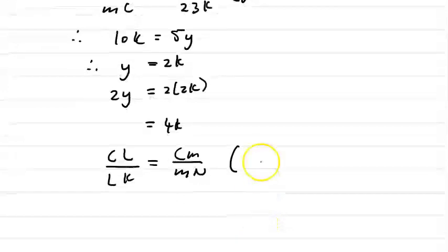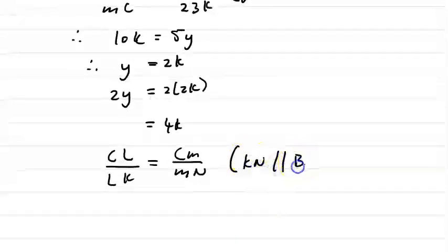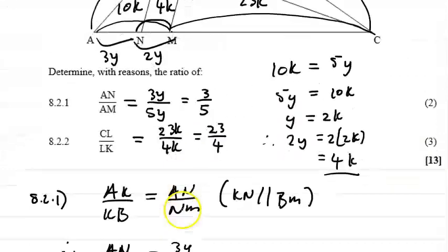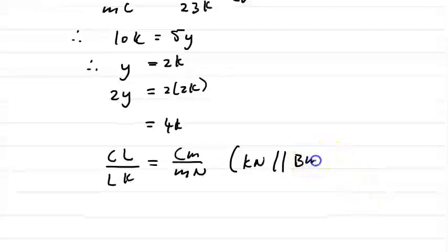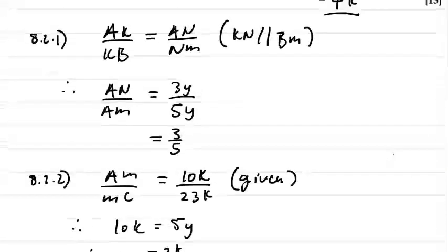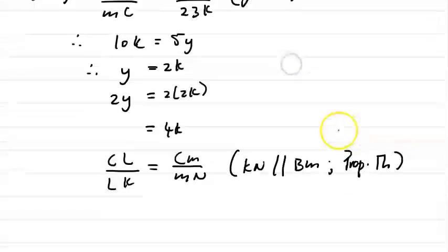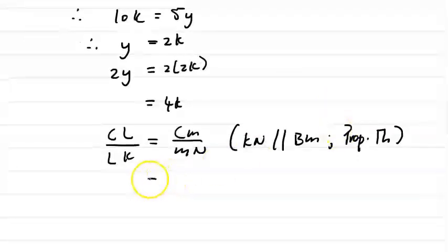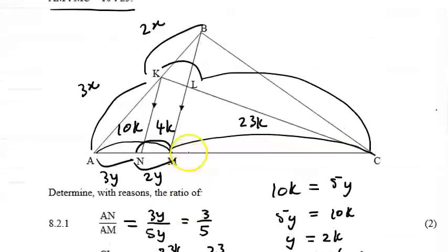So KN is parallel to BM, or we can say line parallel to the side of the triangle. And we'll write down here the proportion theorem. Even here we can write down also the proportion theorem. And therefore, what is CM over MN?